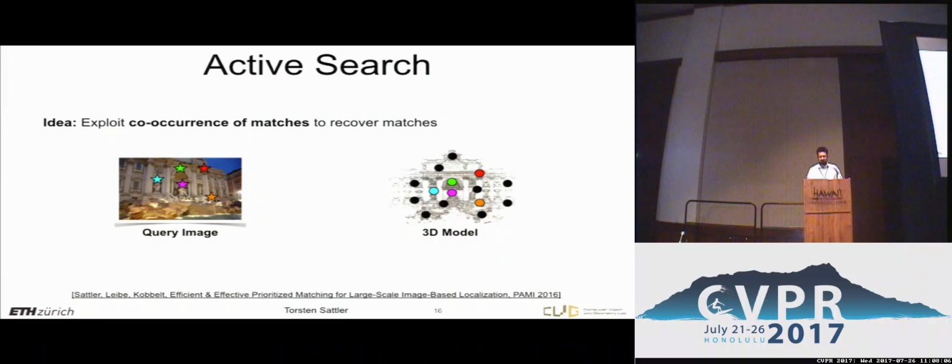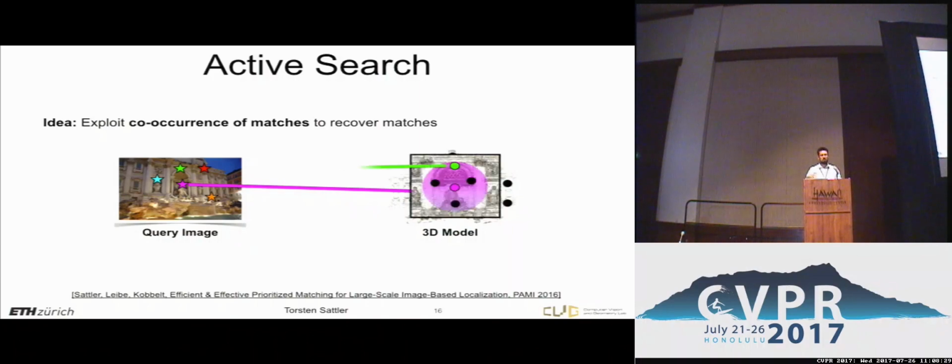If you look at this example, let's assume that the pink feature matches to a point. If this match is correct, then I would expect that I can also find matches for some of the surrounding 3D structure. Think of a single match as a hypothesis of which part of the 3D model is visible in the image.